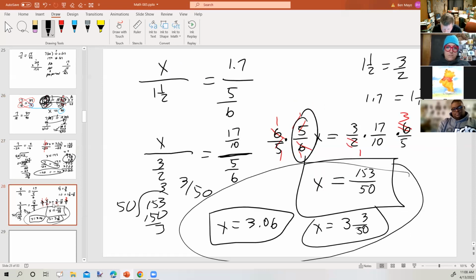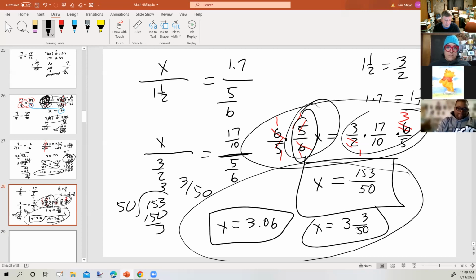If the coefficient is a fraction, multiply both sides by its reciprocal and carry on. Now, if you forget and you take something like this and you divide by 5/6 and you divide by 5/6, you still get there. You just have extra steps, like the way I started out this problem, okay? But if you can remember, it'll save you some work.